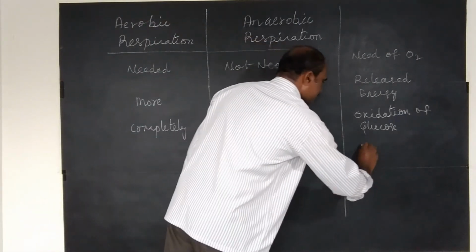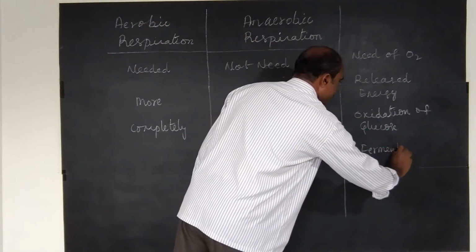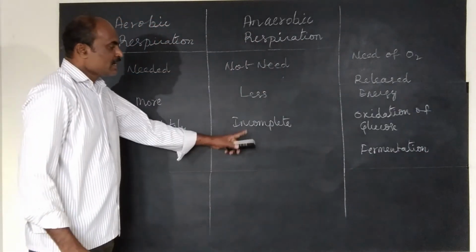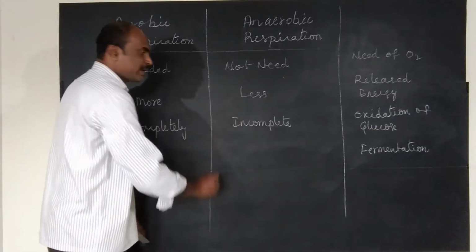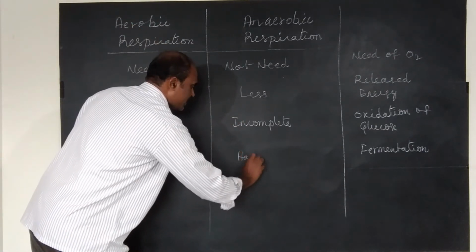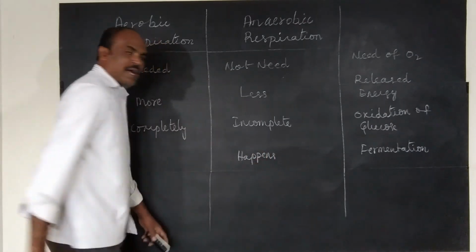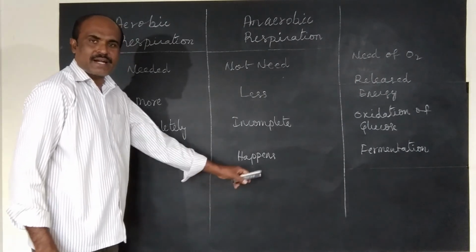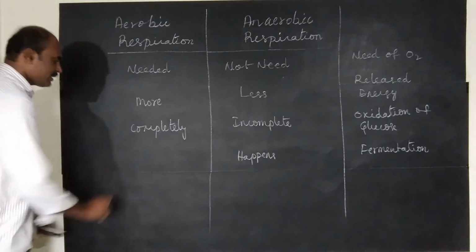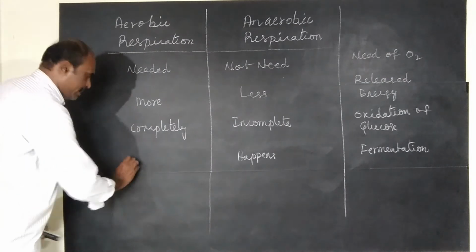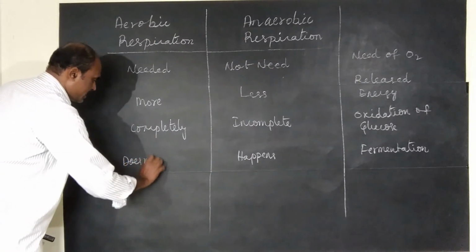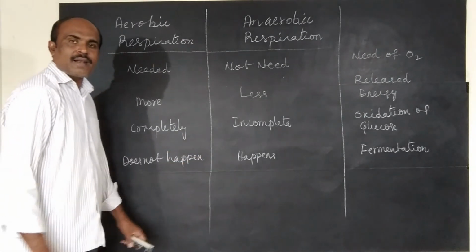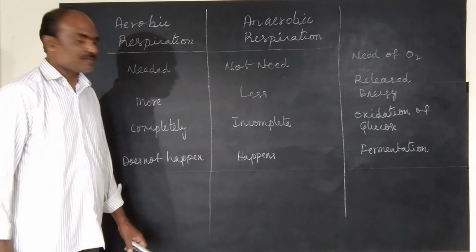Then fermentation. Fermentation happens in anaerobic respiration. As a result of fermentation, there is formation of ethanol and lactic acid. And here, fermentation does not happen. So, ethyl alcohol and lactic acid are not formed here.